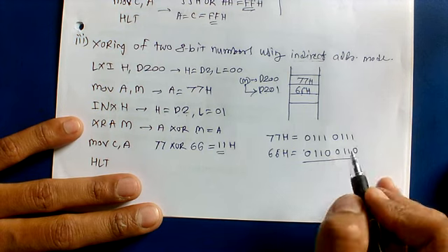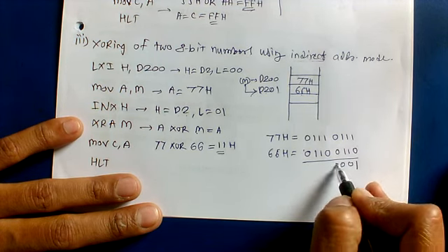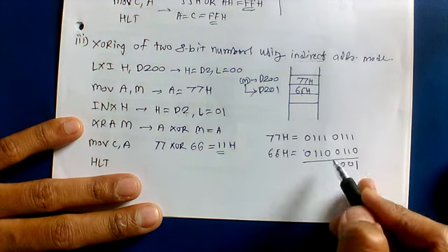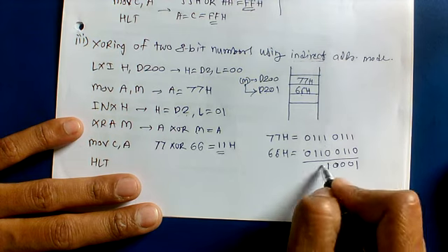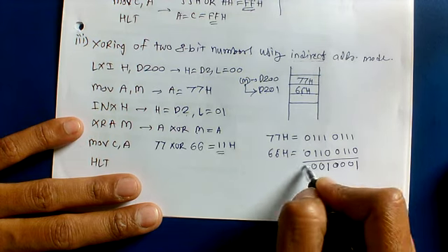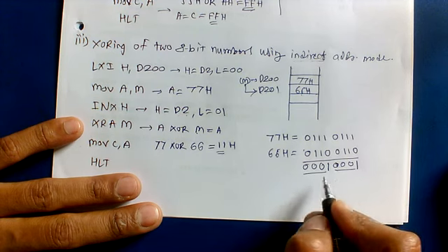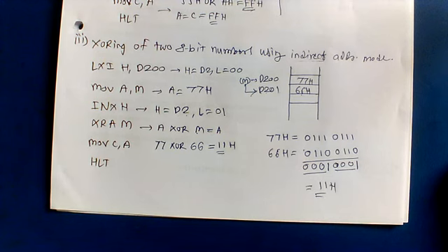So here 1 1 you will get 0, 1 1 you will get 0, 0 0 gives 0. 1 XOR with 0 you will get 1, 1 1 0, 1 1 0, 0 0 0. In this way you will get the final answer 11H in the accumulator.